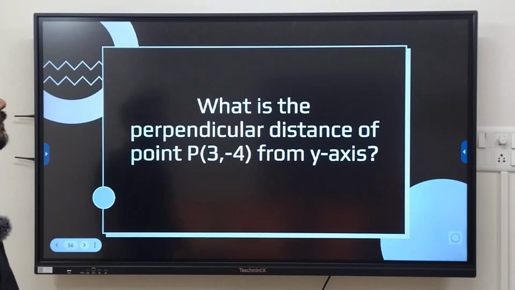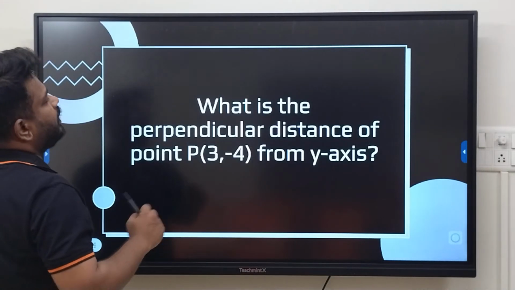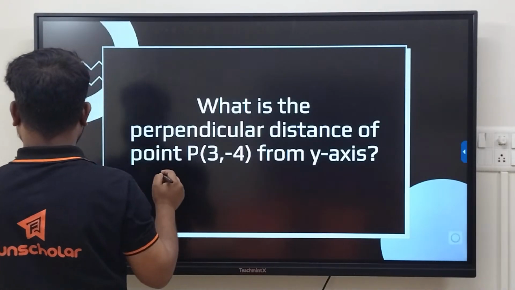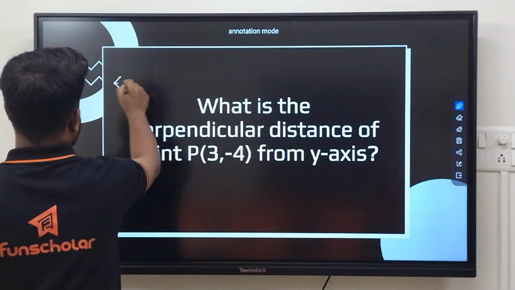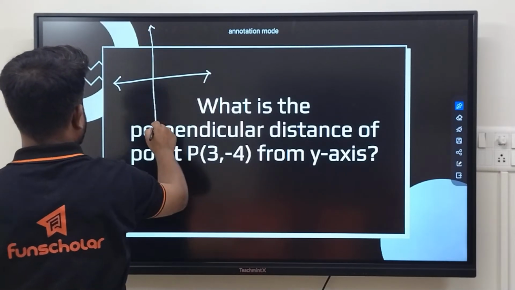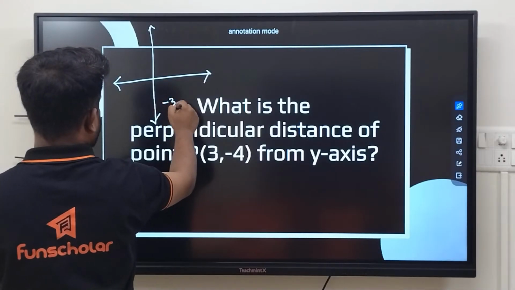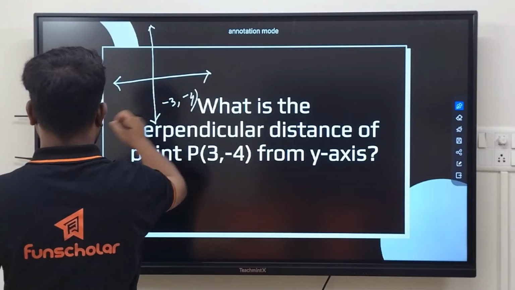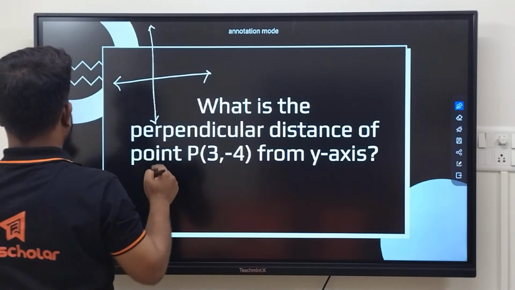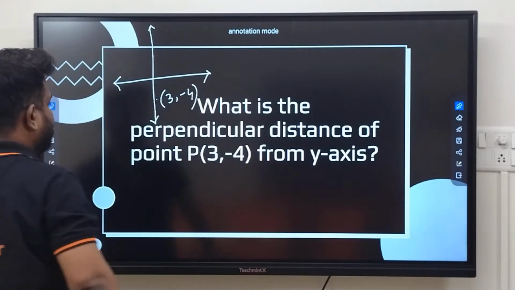What is the perpendicular distance of the point (3, -4) from the y-axis? So the point (3, -4) will be like here.